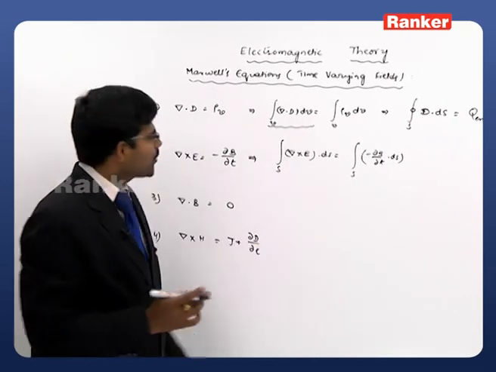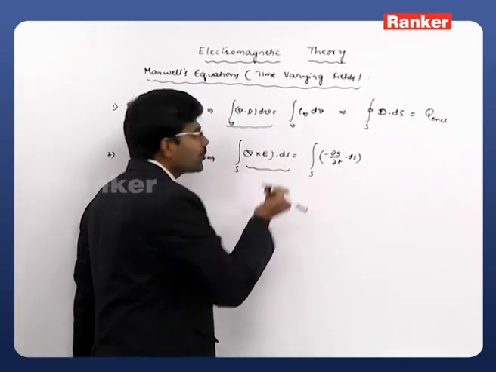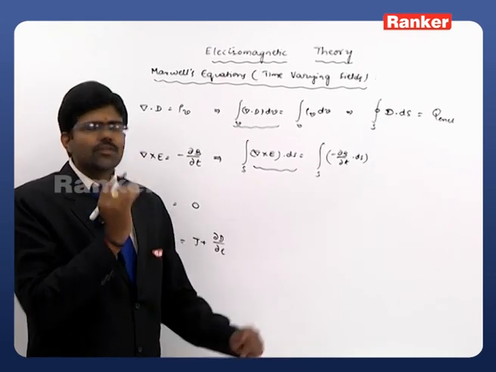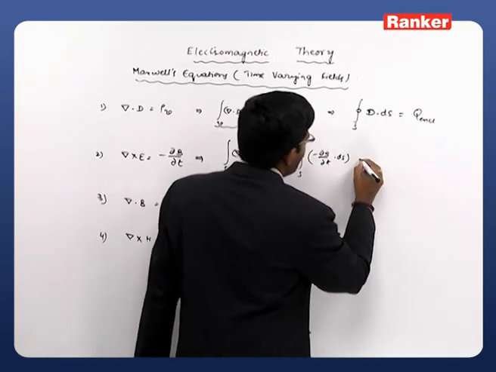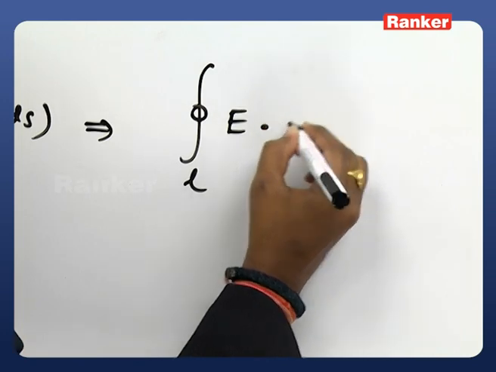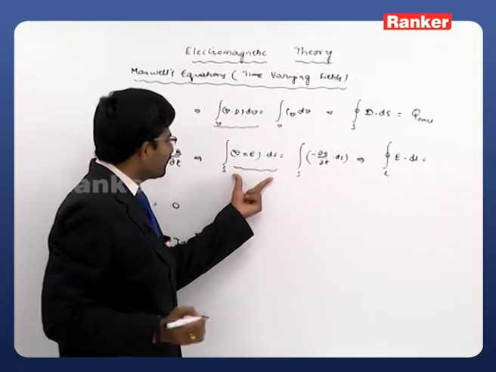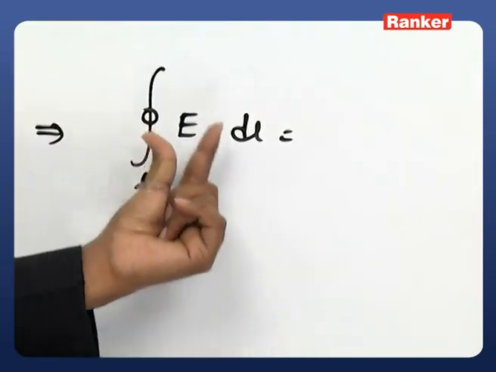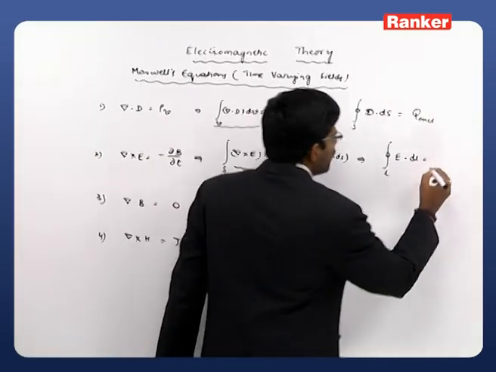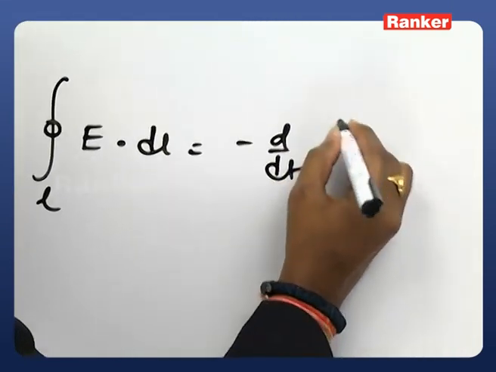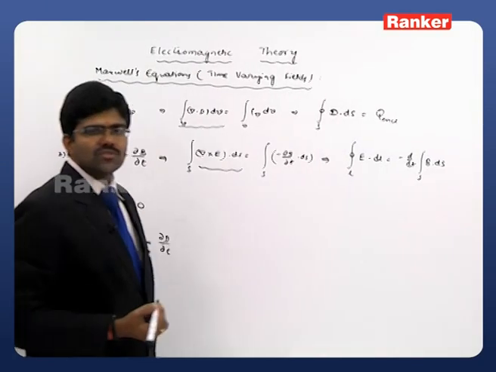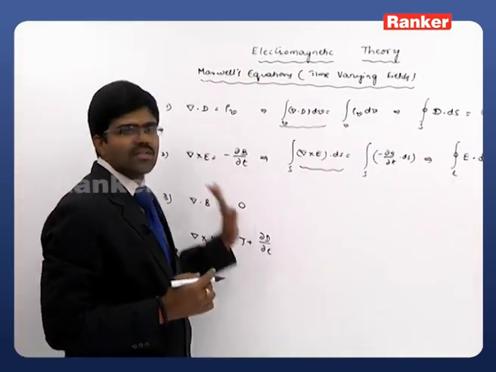Now the left hand side term is related to Stokes theorem, so using the inverse of Stokes theorem it can be written as a closed line integral of E dl, and the right hand side term can be written as minus d by dt of the surface integral of B ds. That is the integral form of our differential equation.